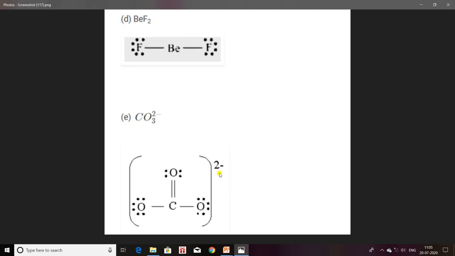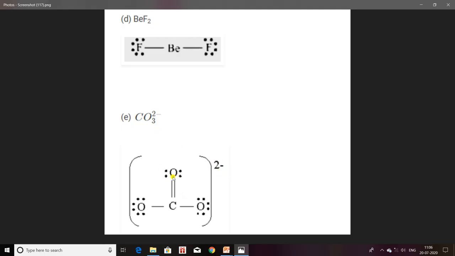Okay, because there is 2 negative charge. So 1, 2, 3, 4, 5, 6 and 7th electron is present here. Okay. Similarly 1, 2, 3, 4, 5, 6 and 7th electron is present here. Okay, due to negative charge on carbonate ion.